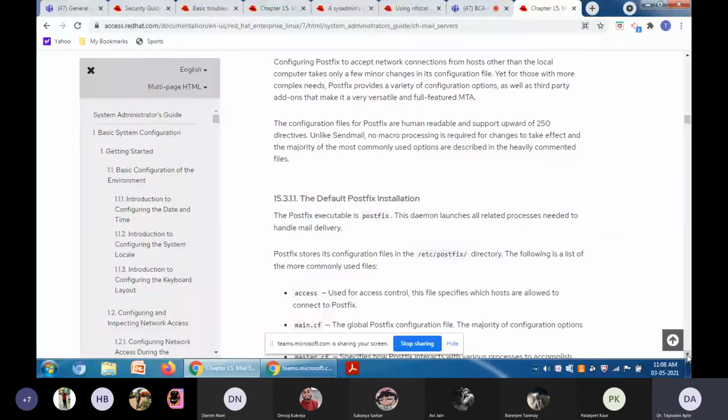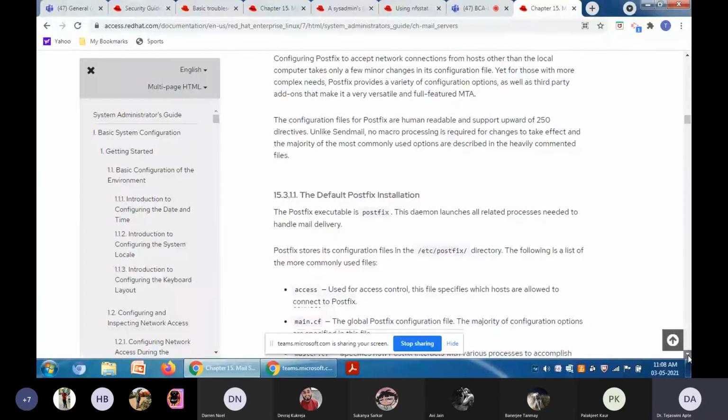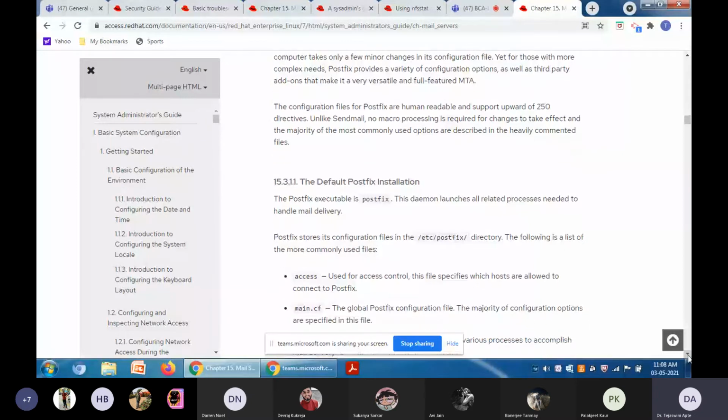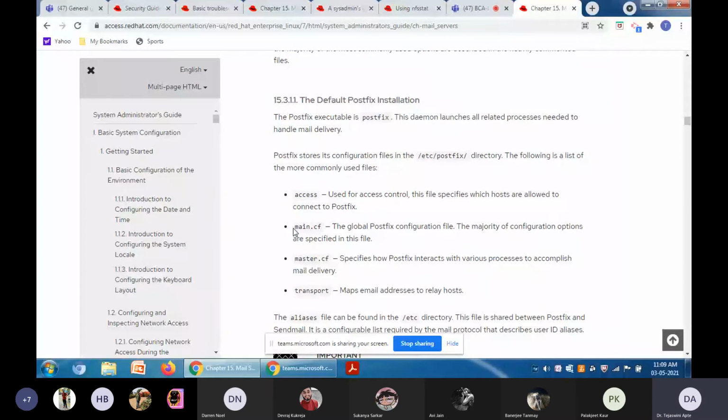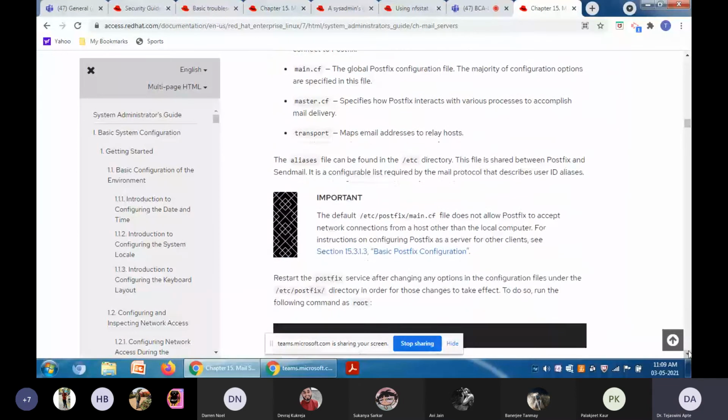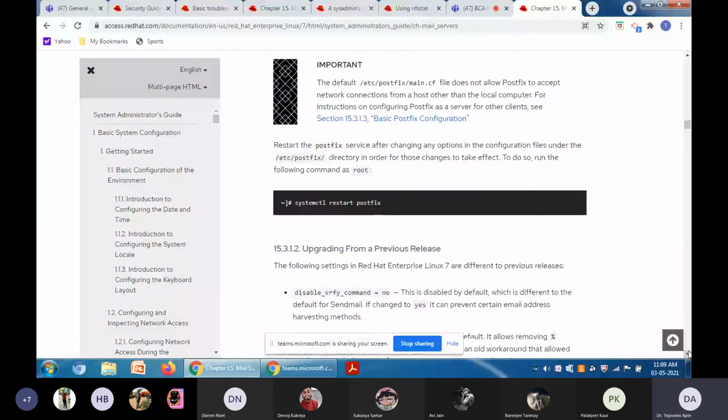Whenever you install postfix at your end, it is going to create one particular file in /etc/postfix, which is named main.cf. Now main.cf is a configuration file, and we need to discuss what this configuration is going to have and how exactly the vulnerability is going to be introduced.